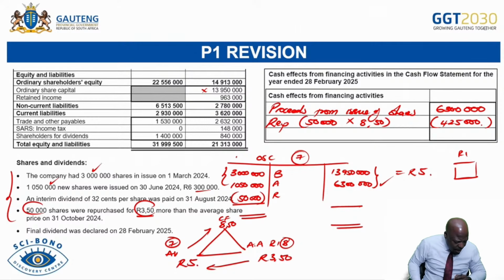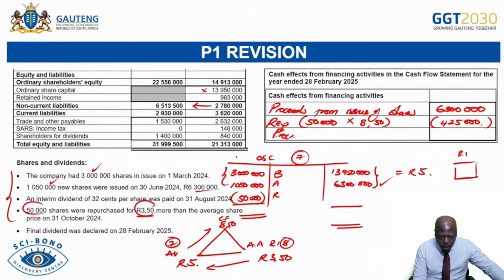And then the last part of this area here has to do now with our loans. All right, so we're coming to non-current liabilities. As you can see, there's an increase here on our non-current liabilities. Okay, so it is an increase in loan, or proceeds from long-term loan.